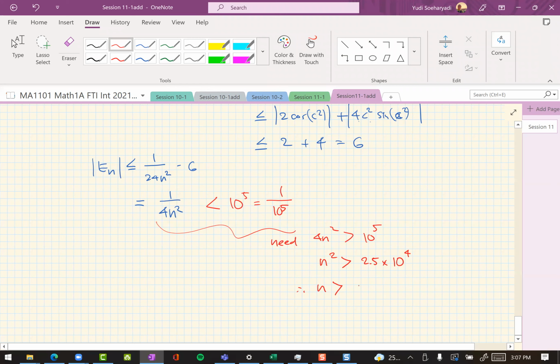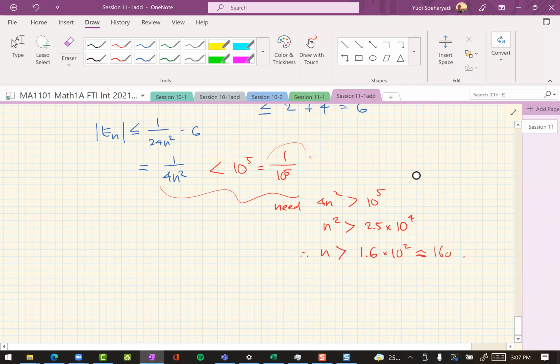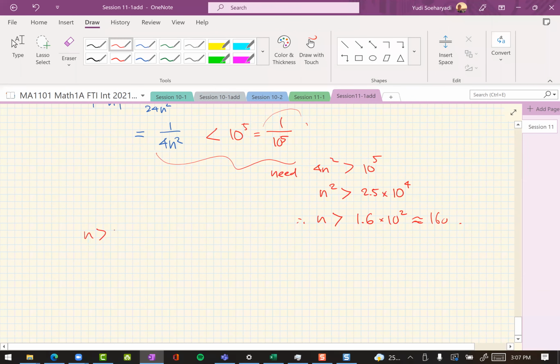So just take, let's say, that is about 100, so 160. Okay, so it's enough to take 160 points, and you get this precision. Okay, so bigger than, say, just 160.